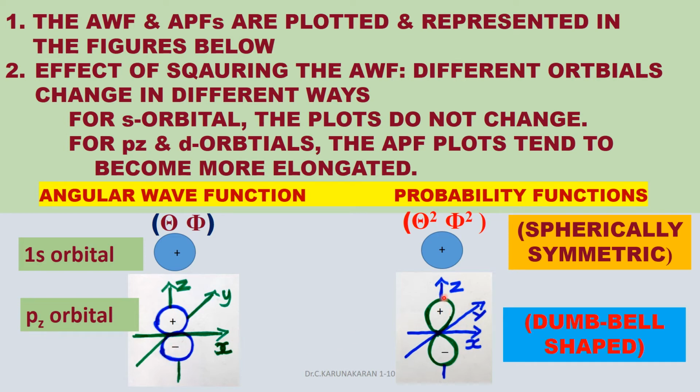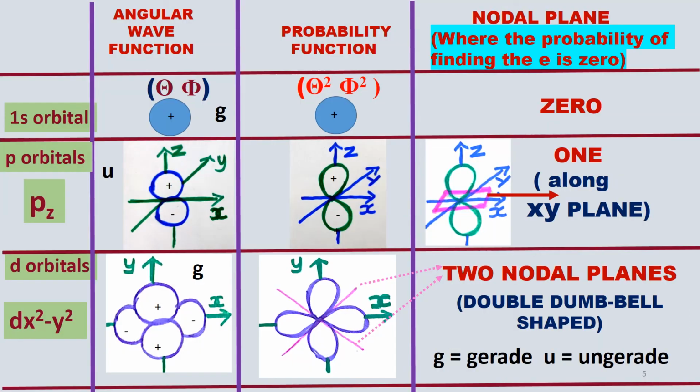That is, it is not everywhere positive. Also for p and d orbitals, the angular probability functions are more elongated, for example for the pz orbital, along the z axis. The angular probability function plots tend to become more elongated on squaring the angular wave functions.